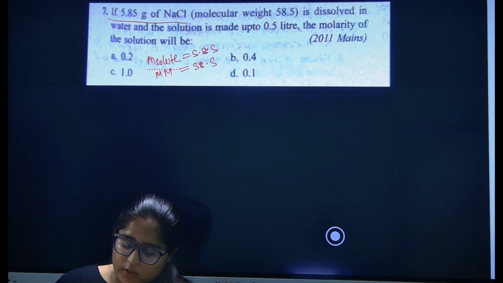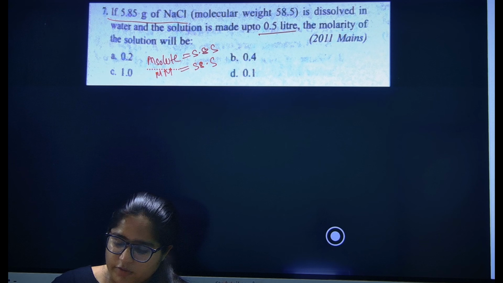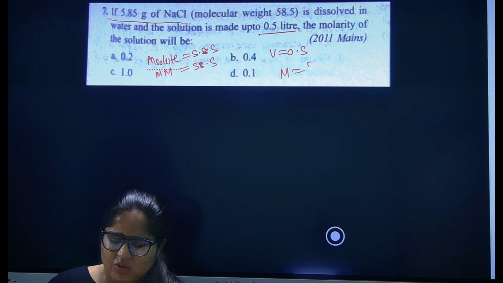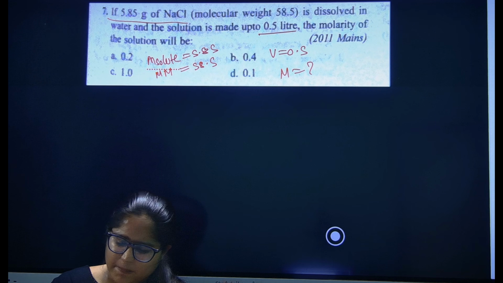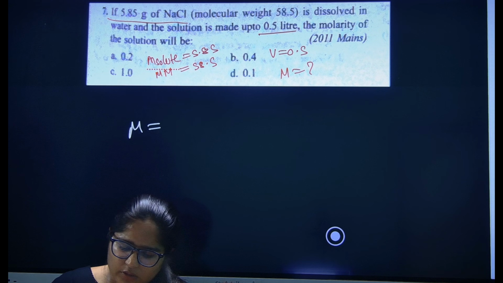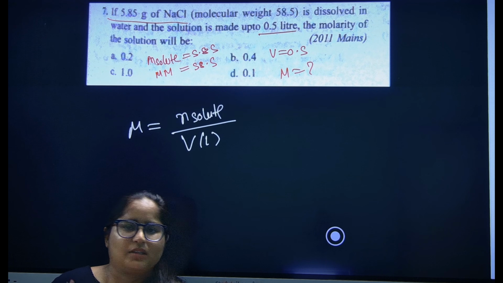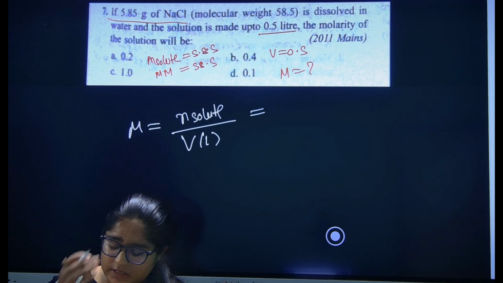It is dissolved in water and the solution is made up to 0.5 liter. The volume is also given. Then what are they asking? Molarity. I told you, that's how they will ask in the NEET exam. So molarity equals moles of solute by volume of solution. It is given in liter, so why convert to ml and multiply by 1000? Directly write it in liter. Very simple question.